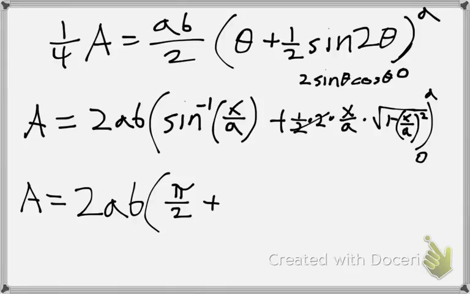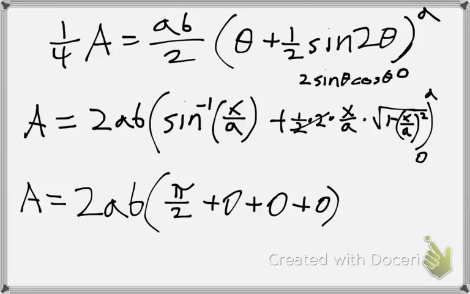We'll have a over a times root 1 minus a over a squared, so we'll have 1 times root 1 minus 1, and so that will be just root of 0, which is equal to 0, and so we'll have a 0 for the second value. Then we'll have arc sine of 0 over a, which is equal to 0, and then we'll have 0 over a times root 1 minus 0 over a squared, so we'll have 0 times root of 1, which is again equal to 0.